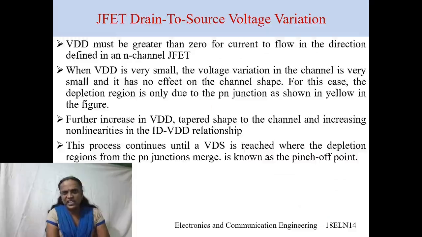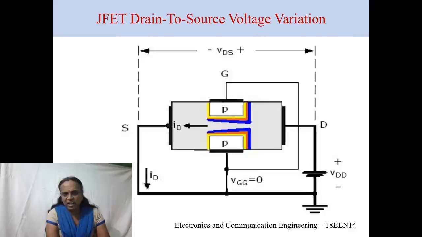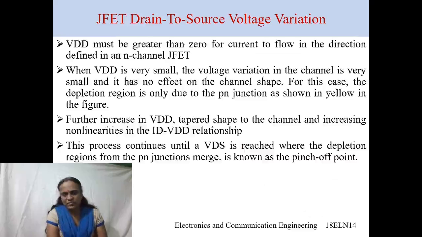With further increase in VDD, there is a tapered shape to the channel and increasing non-linearity in the drain current versus VDD. See, there's a tapered shape. Then when the voltage is applied further, this blue color, which is the depletion, just touches each other and it prevents the drain current from flowing. That is, the drain current will become 0.